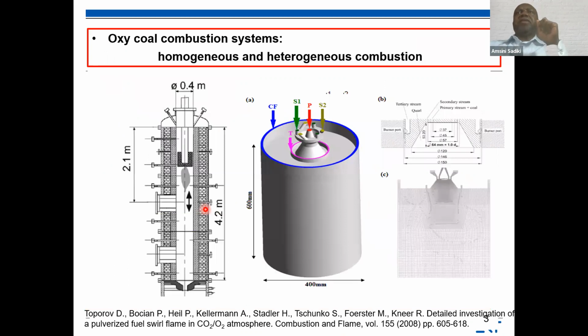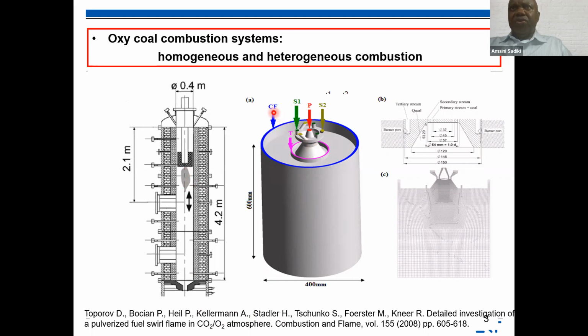Let's come back to this configuration. It is a paper we did in the past, but this configuration has been investigated experimentally by the group in Karlsruhe, by Kner. This is the nozzle here, and the coal is injected here.